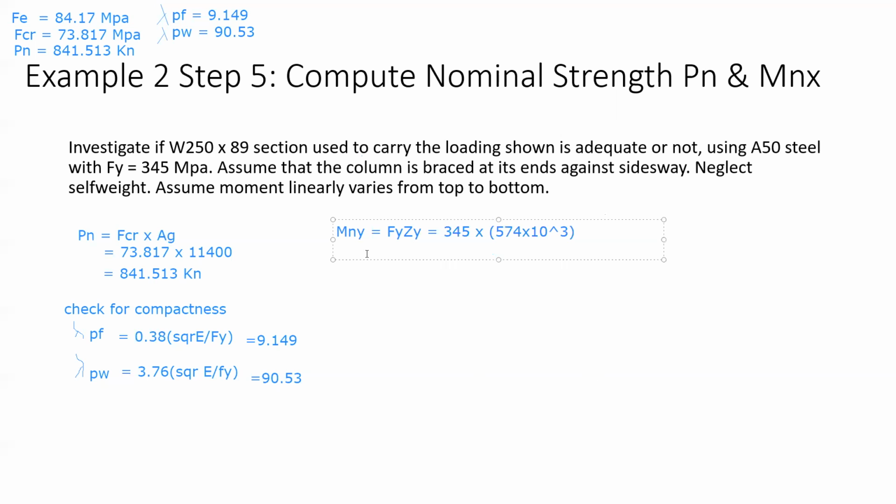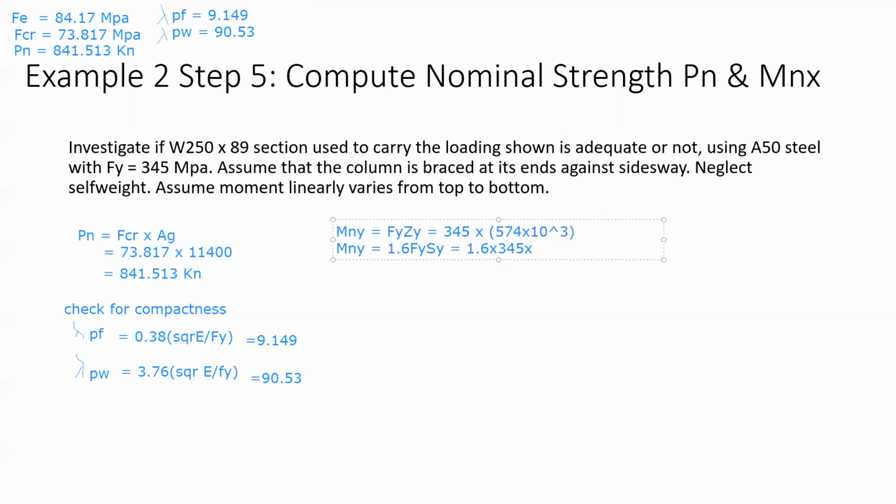And we also have another formula for Mny, or our nominal moment along the Y. That is also 1.6 Fy Sy. So 1.6 times Fy natin is given, that is 345.